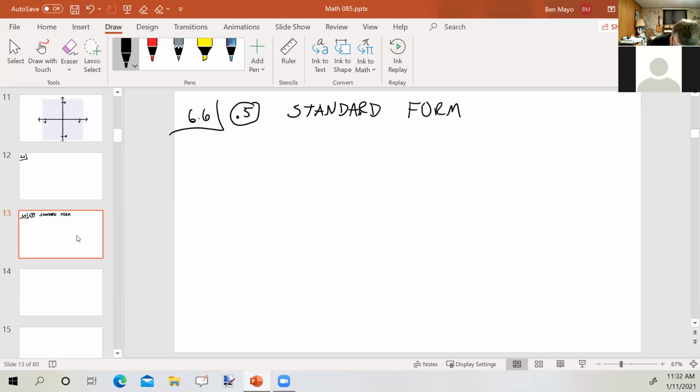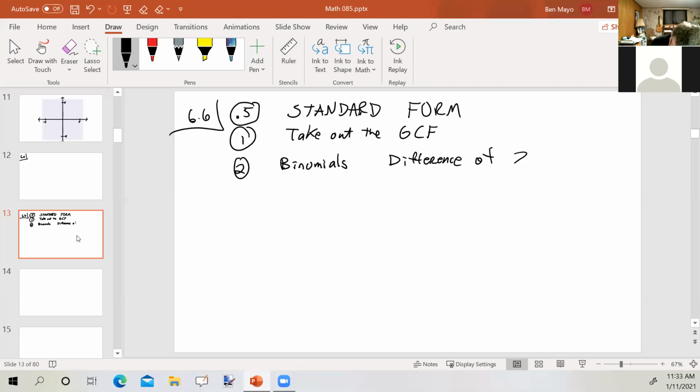Step 1 is take out the GCF, that is greatest common factor. Step 2 is for binomials, and we want to look for the difference of two squares.